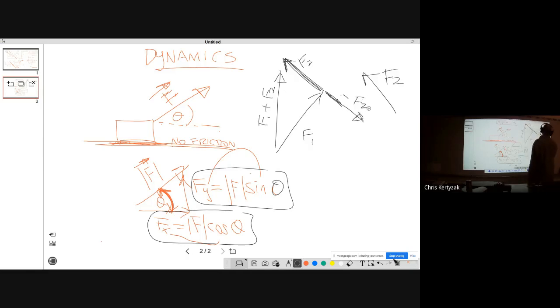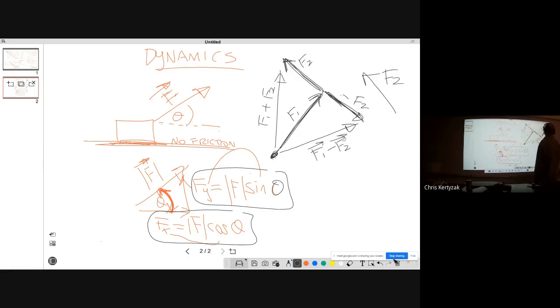Negative F2. And then if this is now F1, and this is negative F2, what does F1 minus F2 look like? It starts at the tail of the first vector, all the way to the head of the next vector. There it is. This is now F1 minus F2.